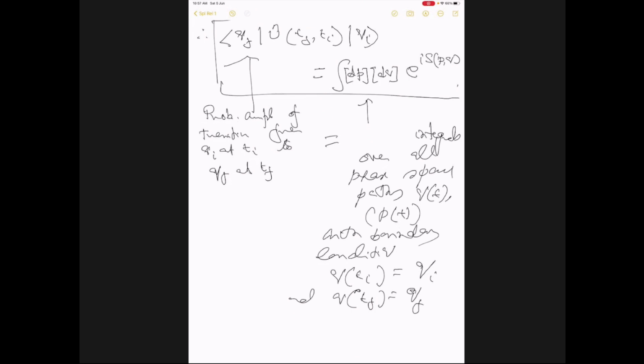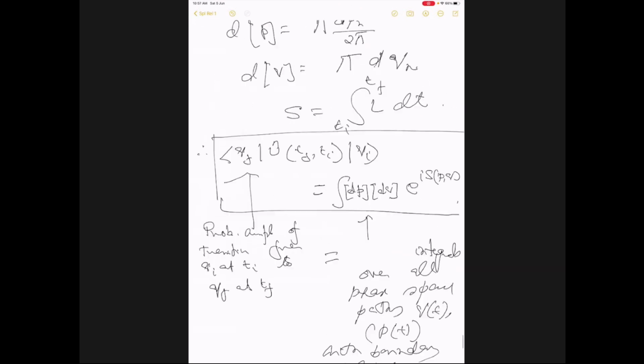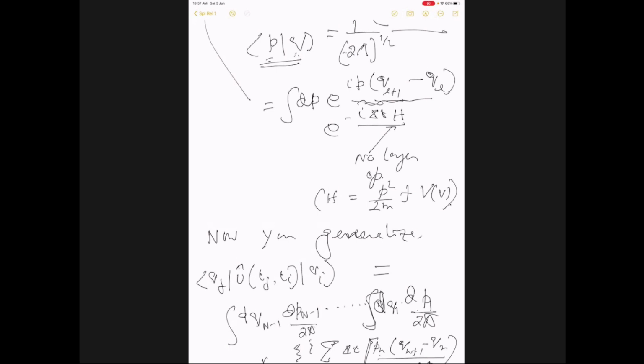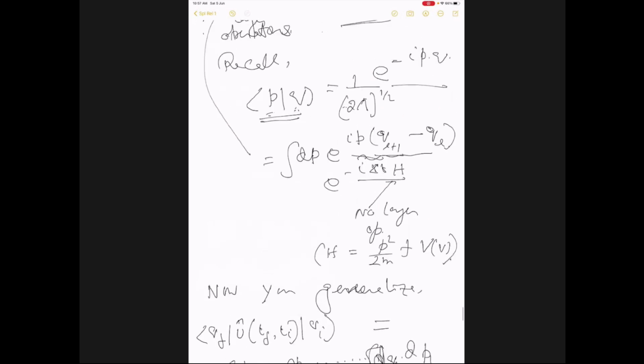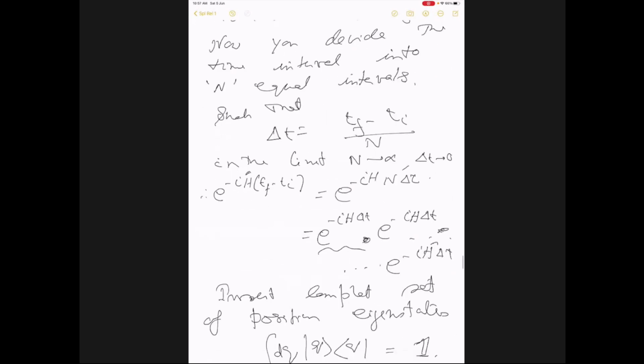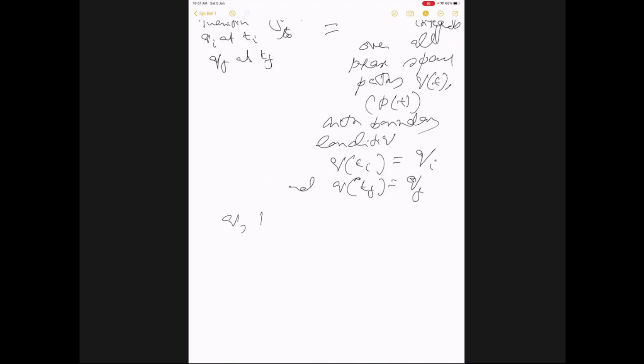And you can see that you are allowed to take any Q and P's. When you introduce this complete set of P's, it can be all possible P. And when you introduce this complete set of Q's, here I introduced the complete set, you use all possible Q's. So this Q and P are completely unconstrained.